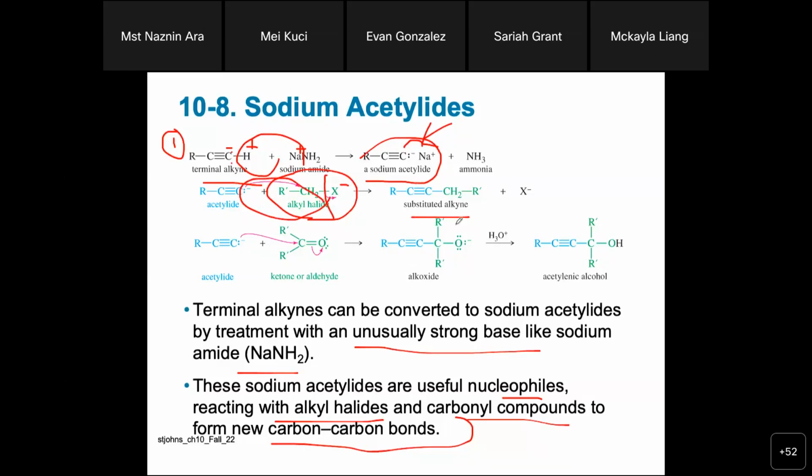So the substituted alkyne will be formed, and ultimately with carbonyl compounds, ketone or aldehyde, and finally if you hydrolyze with acid, H3O+, they will provide the alcohol.